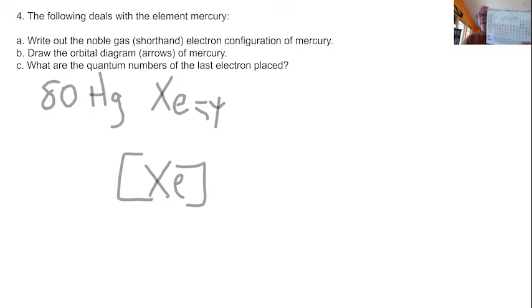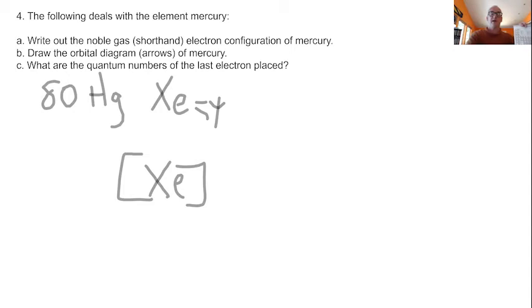This is where you can use your periodic table. You don't even have to look anything up. You just use the periodic table at this point to fill in the rest. Because xenon is here, 54. So then we come all the way across to 55, which is cesium. And we go down how many shells is that? 1, 2, 3, 4, 5, 6. 6 rows down.